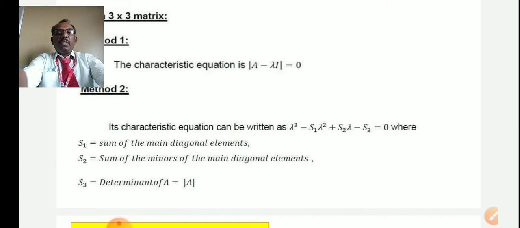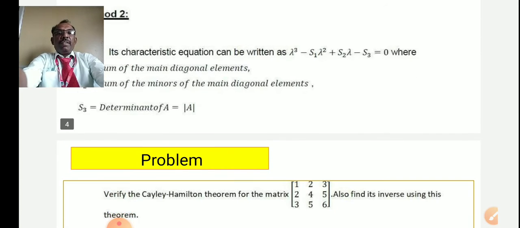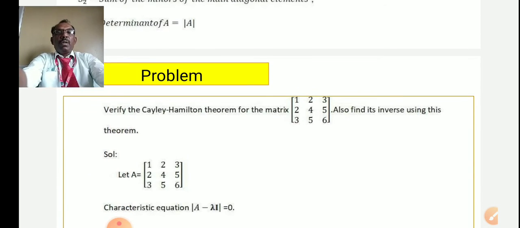What is s1? S1 is the sum of main diagonal elements. S2 is the sum of minors of main diagonal elements. S3 is the determinant of the given matrix A. I will explain the definitions with a suitable problem.